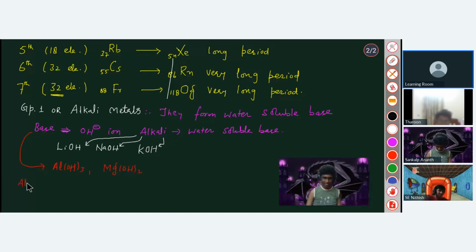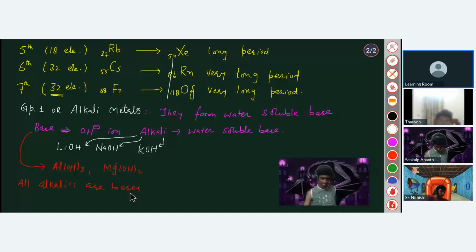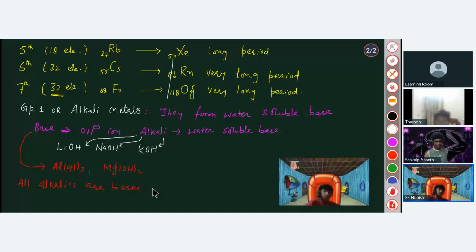You will write that all alkalis are bases, but not all bases are alkalis. Sir, can I write LiOH, NaOH, KOH as examples of bases?